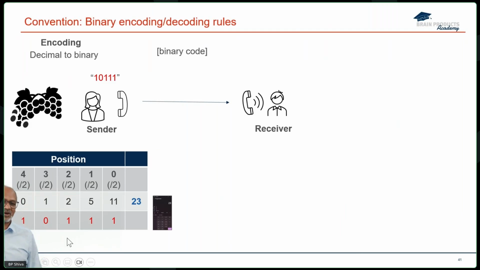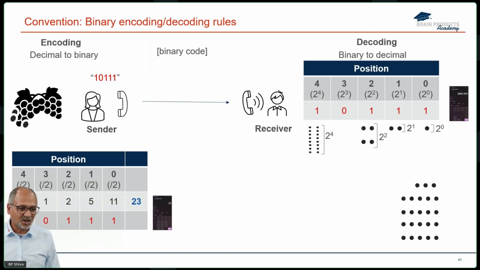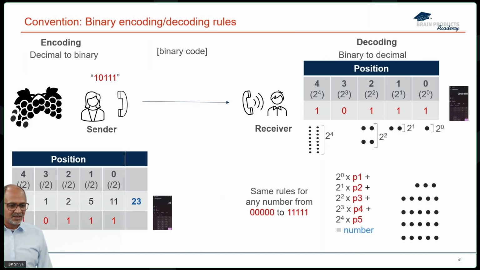This is the binary representation of 23. And similarly, the receiver can now take this and perform a standard calculation to reconstruct what the quantity was that was sent.